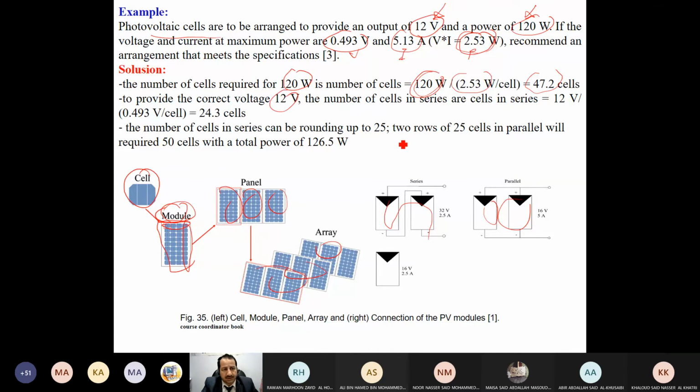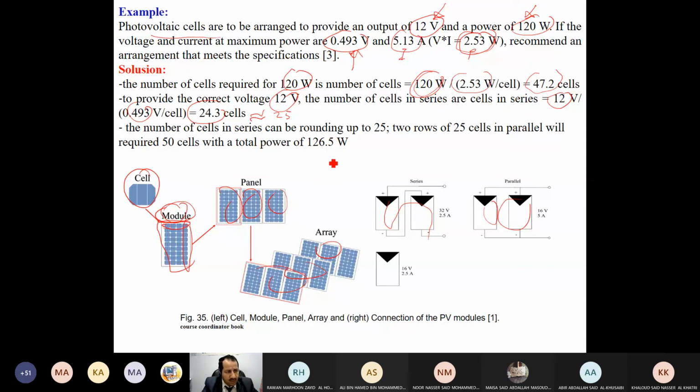We need 12 volts, and the cell voltage is around 0.49, around 0.5. So I divide 12 volts over 0.5. It tells me that I need to put 24 something cells in series to get the 12 volts. Let's approximate this to 25.